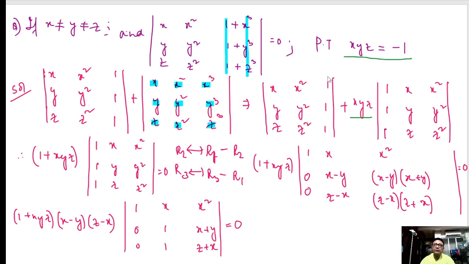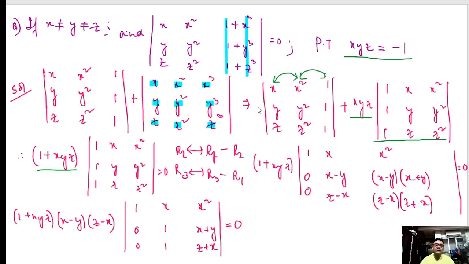So what I can write here, obviously, please watch here, that if I interchange these two rows and these two columns and then again interchange the two columns, we will come to the same determinant. So taking that determinant common, we can write it like this. If we interchange these two columns, 1 1 1 will come here.